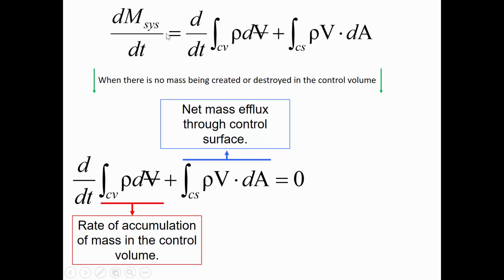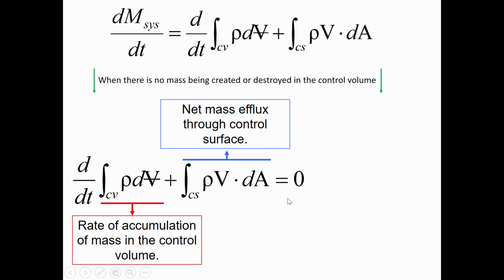There's no mass created or destroyed. What that means is that the rate of accumulation is entirely described by the difference in the mass flux in and out through the control surfaces. So this storage and transport term, the sum of it, is equal to 0.